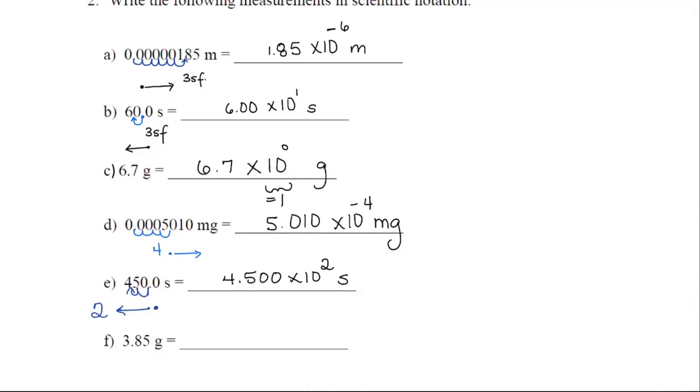And then lastly, we're not moving anything on letter F. So we have 3.85 times 10 to the 0 grams. Okay. Any questions on how to convert a number into scientific notation?